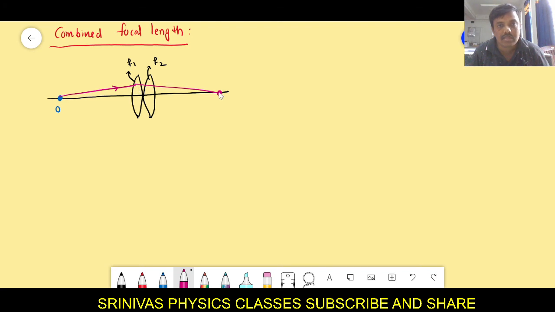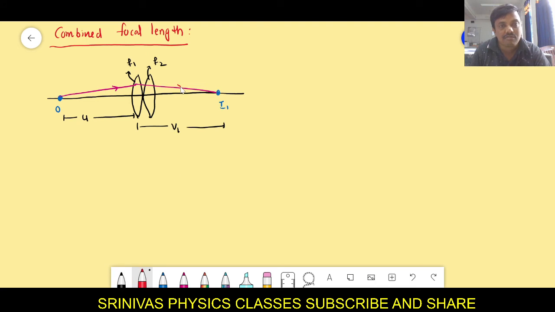This is the image formed by the first lens, which we consider as I1. The object distance I am considering as U, and the image distance for the first lens we consider as V1.